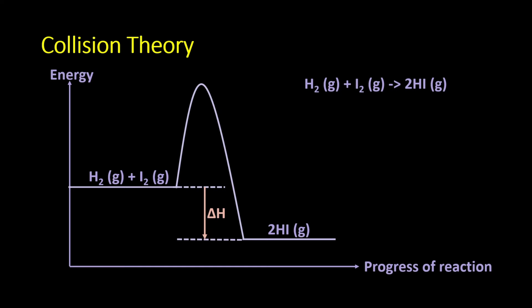From the diagram, we can see that the minimum energy the colliding reacting molecules must have in order to climb over the energy barrier to react and to form product is equal to the difference between the energy level of the reacting molecules and the highest point of the curve. Hence, this difference is the activation energy of the forward reaction.